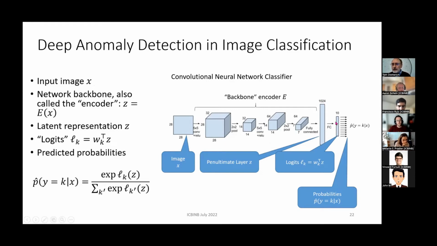And then we have this fully connected layer, which basically computes so-called logits, right? The logit is a learned weight vector for class K, and we take the dot product of that with this Z vector here. And that gives us a score, where larger scores should be higher.